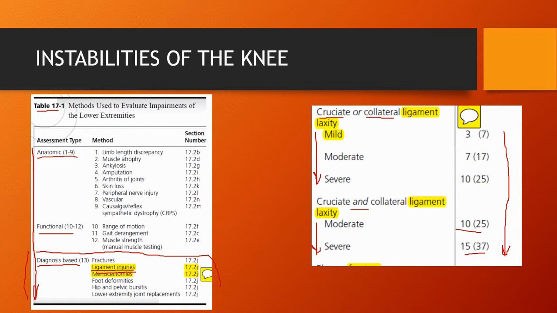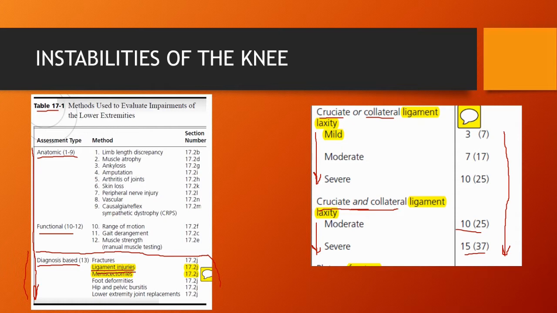So it's the rare incident when we see a single and isolated injury to, say, for example, the medial collateral ligament, or an isolated injury to the anterior cruciate ligament. Much more commonly we have a combined injury where we have injury to both a cruciate and a collateral ligament. And that has to do with the mechanism of injury in these knee ligament injury cases.